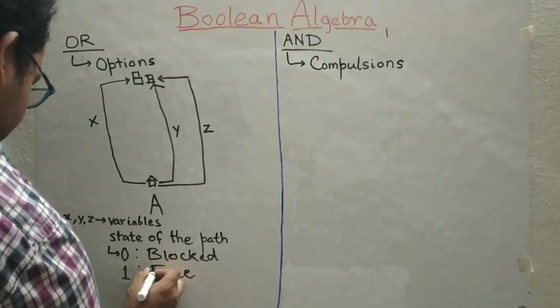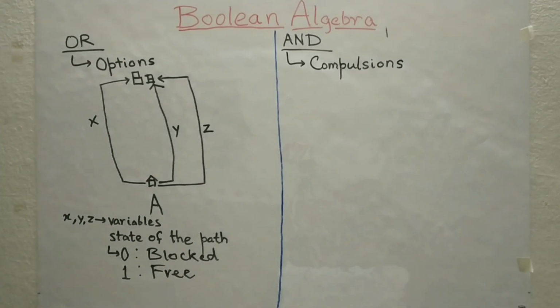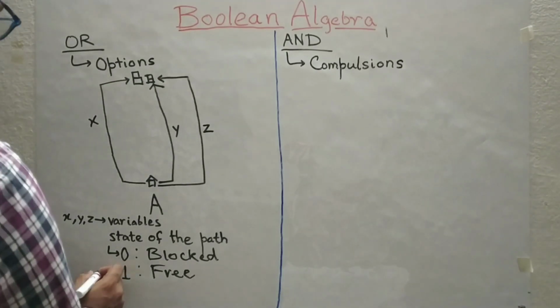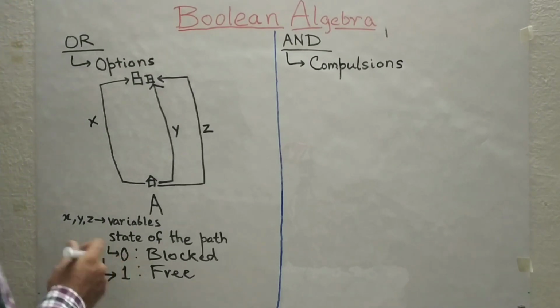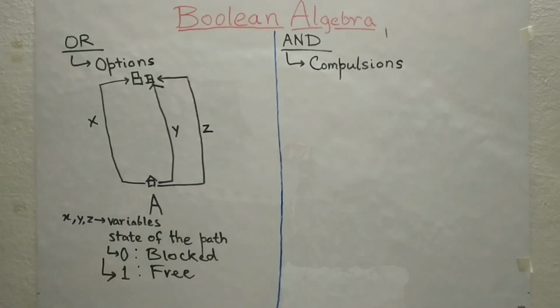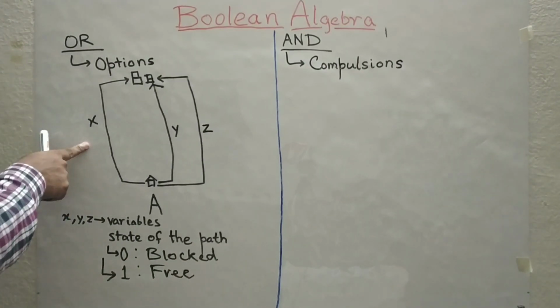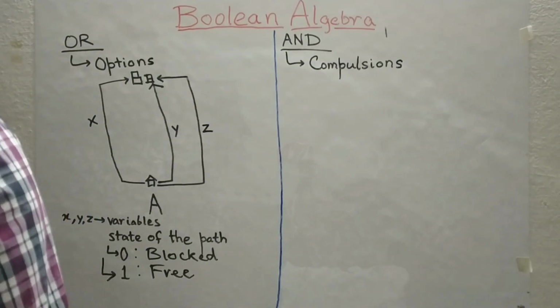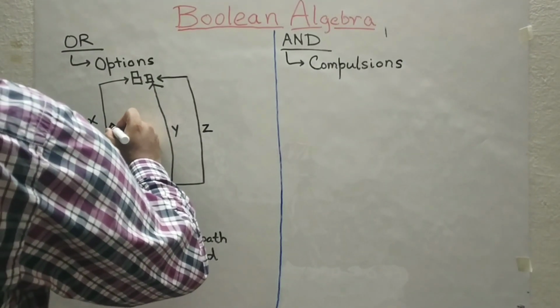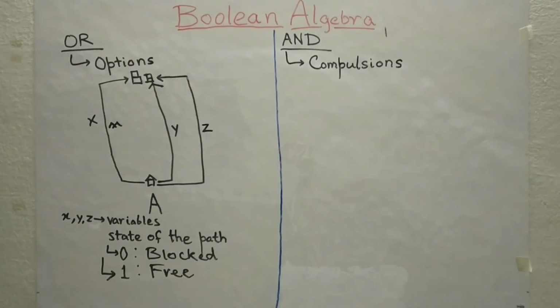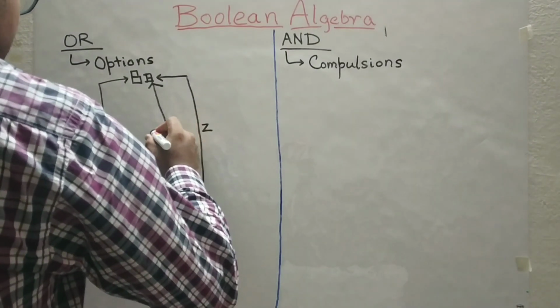Okay, so X, Y and Z are variables. 0 stands for blocked path and 1 stands for free path, and they reflect the state of the path. So X can take any value. If X takes 0 value, that means there is a blockage in the path and you cannot go. 1 stands for free, that means you can go, right?